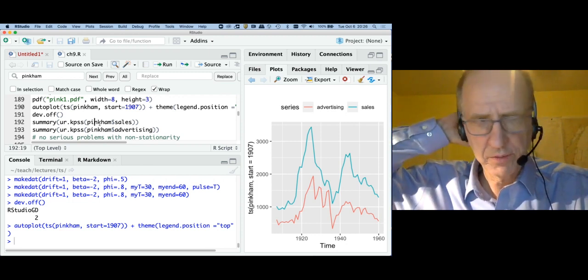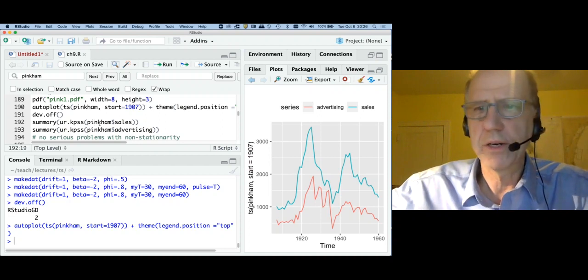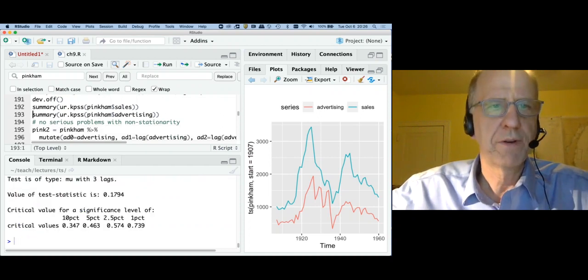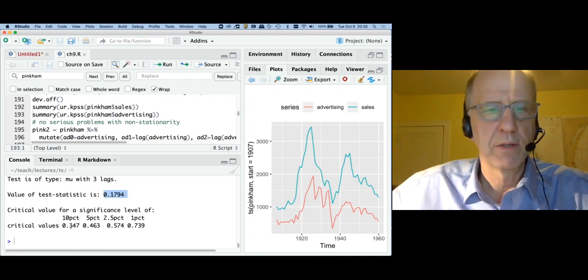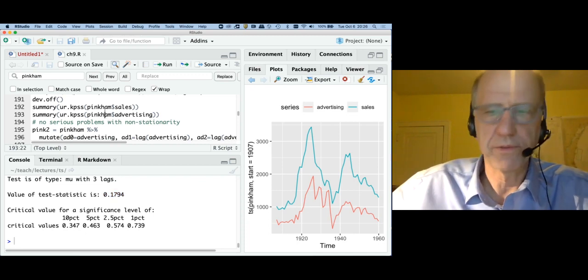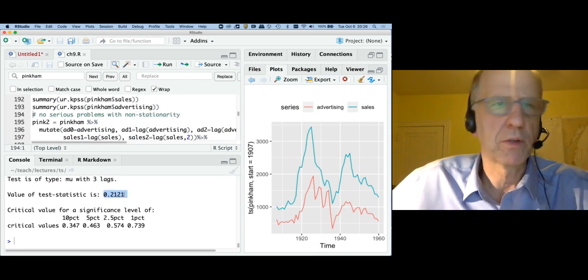The first thing that we should worry about is the stationarity of these data sets. If I go run the KPSS test, what we're going to see is the test statistic for sales is pretty small, so we're not going to worry about the stationarity of sales. If I look at the one for advertising, I come to similar conclusions.